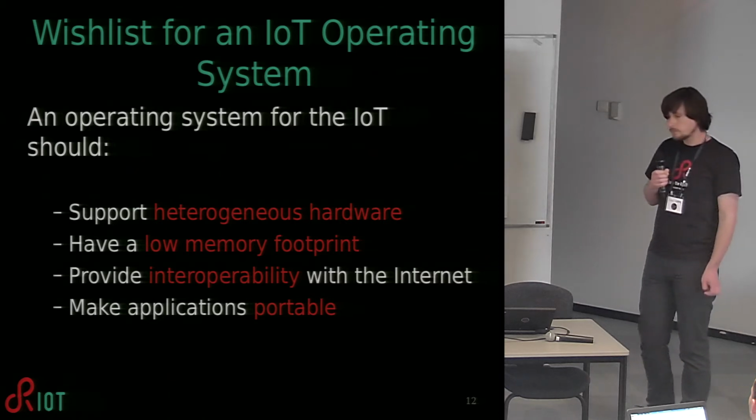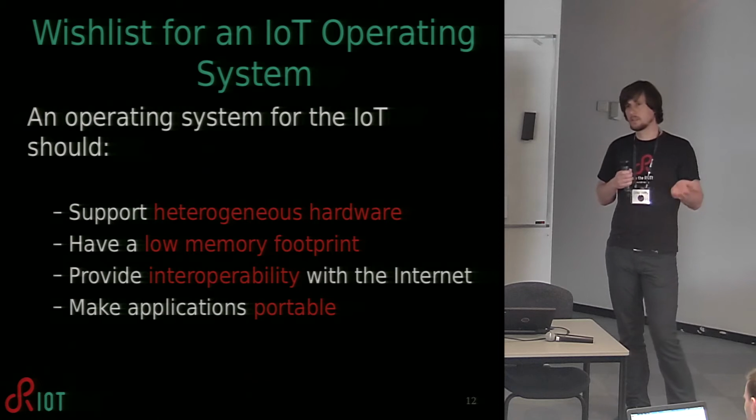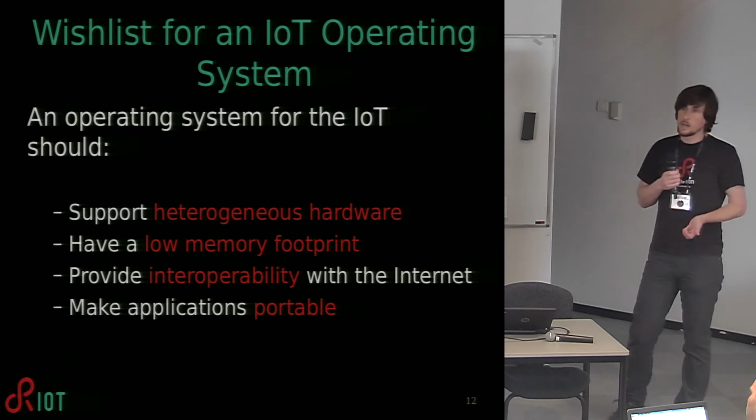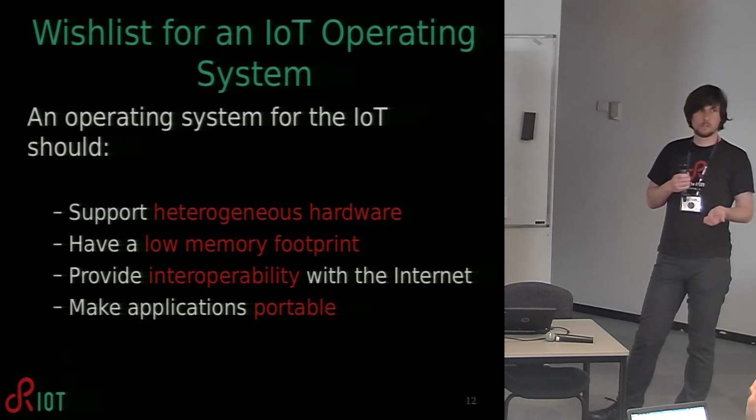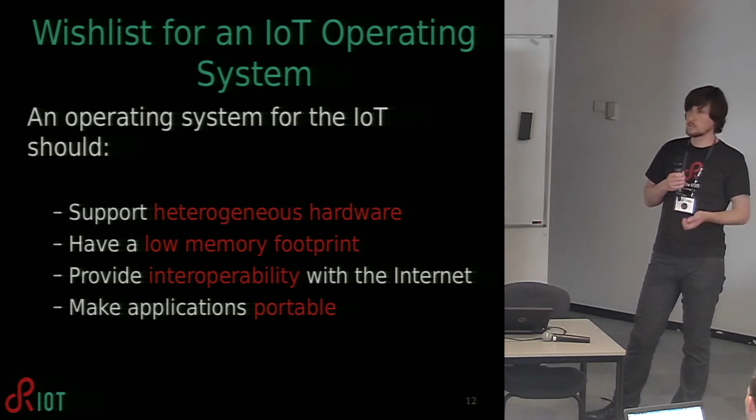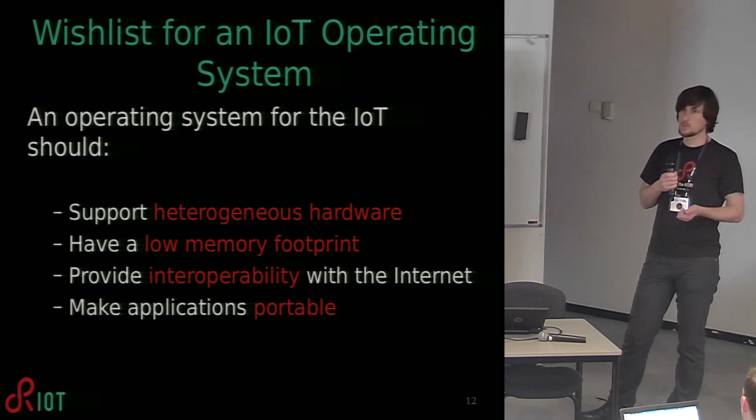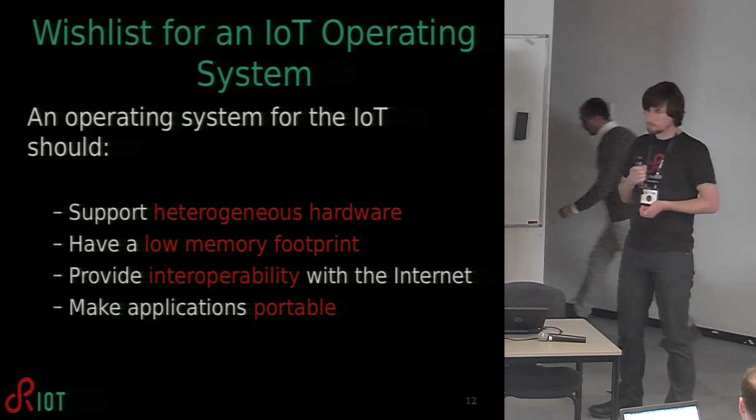And as we've also seen, it needs to support low-memory devices. That means the operating system itself needs to consume little memory, but also provide very efficient, memory-efficient data structures and methods to the application layer.